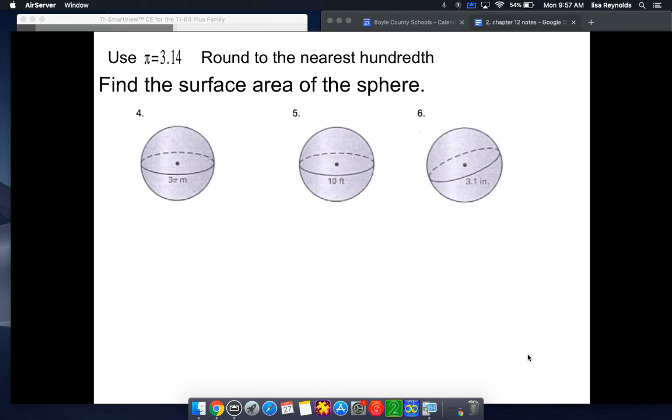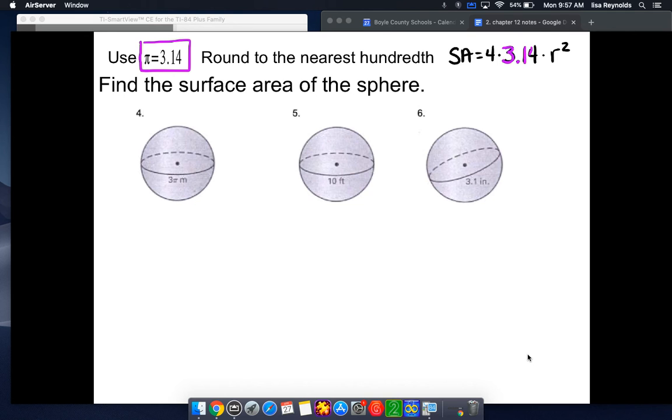The next set of problems also want us to find the surface area, which is our 4 times pi times the radius squared. Once again, they tell us to use 3.14 for our pi.